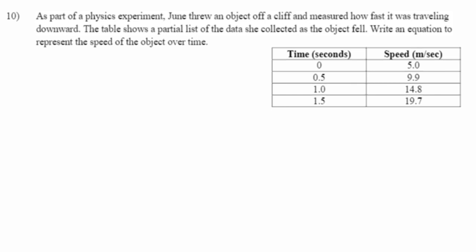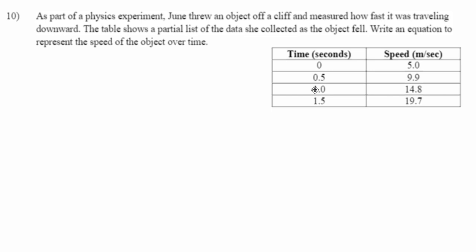And so I can use any of these data points and find the change in y over change in x. So that means I'm comparing 9.9 to 5. So 9.9 minus 5, 14.8 minus 9.9, 19.7 minus 14.8, and I can look at all of those differences here. In terms of time, I'm comparing 0.5 to 0, so 0.5 minus 0, 1 to 0.5, 1 minus 0.5, 1.5 minus 1.